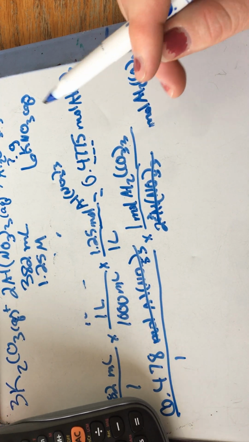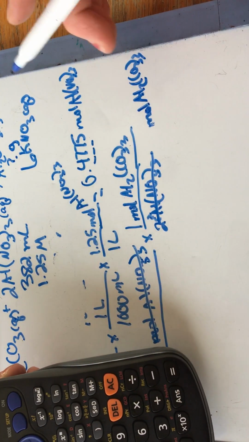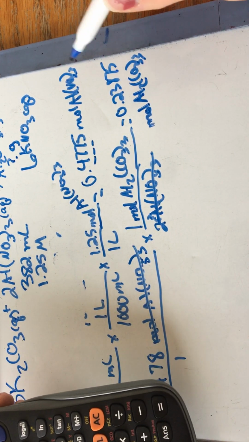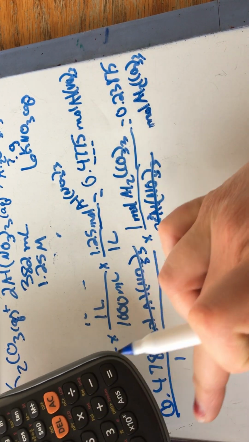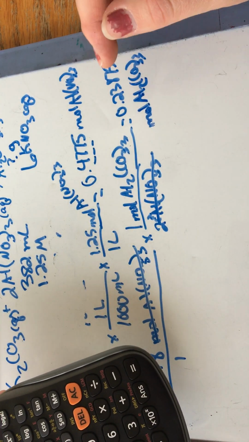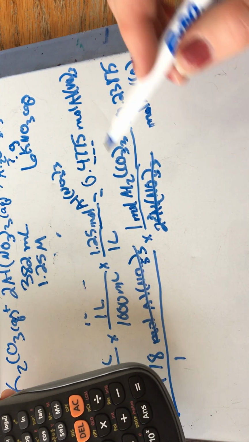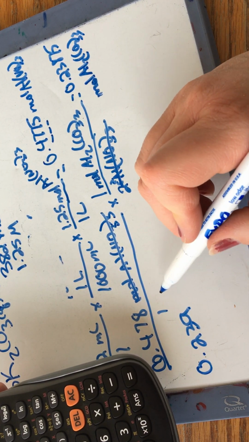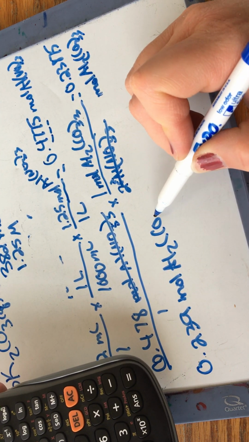So basically we just divide that number by 2 and I get 0.23875. You maybe got a different number because I actually just hit answer from my last time and then divided, so let's just double check. Yeah, by the time we round on the next one, 0.239 is what we will have, and that's moles of Al2CO3.